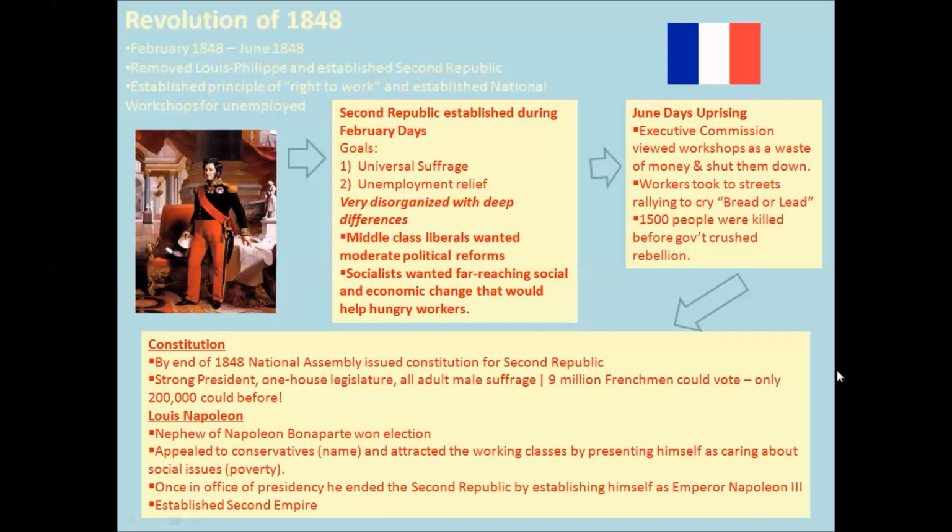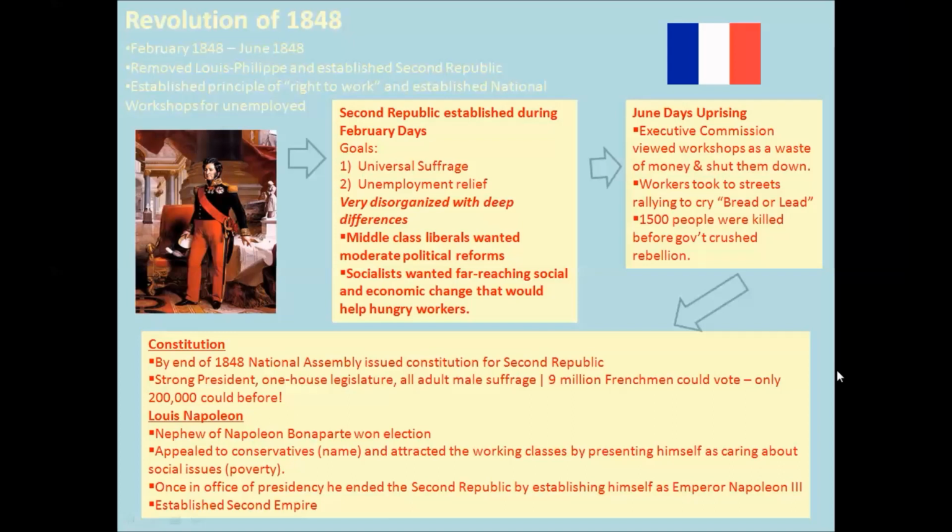The middle class liberals want moderate political reforms. They're not going to support universal suffrage, and the socialists want far-reaching reforms, and so the middle class gets really scared of these socialists. And so eventually the middle class is going to kind of give up on these ideas of increased suffrage in order to secure themselves and their property.